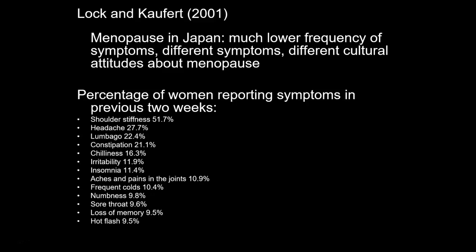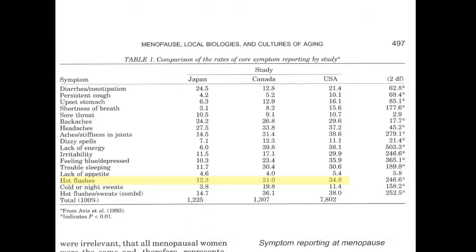So for example, in Japan, one of the most highly reported symptoms was shoulder stiffness, something that, again, was not part of the typical configuration of symptoms reported in the U.S. And then on the other hand, if you look at what is understood as a key symptom of menopause in the U.S., which is hot flashes, that's the one that's often held up as what it means to be going through menopause.